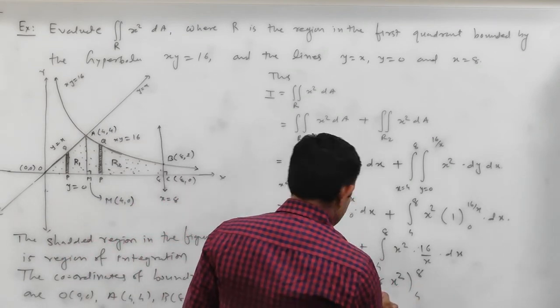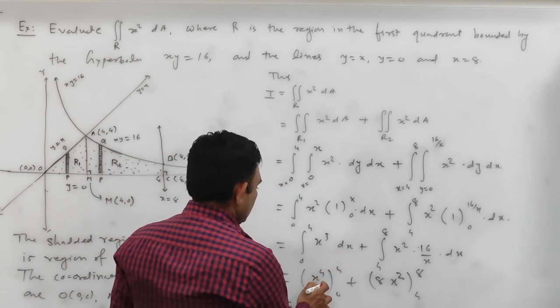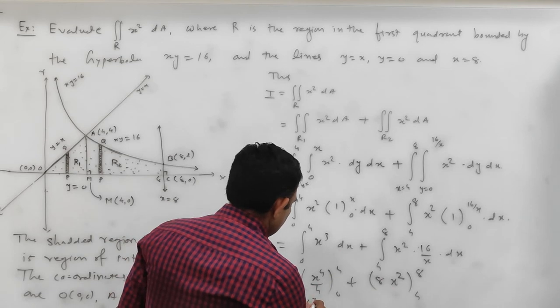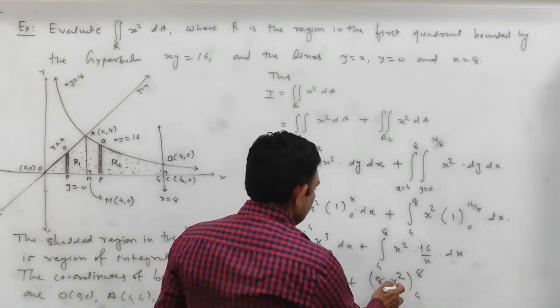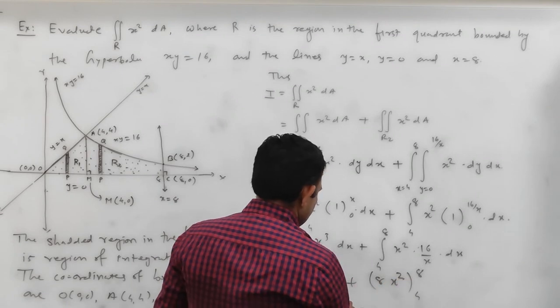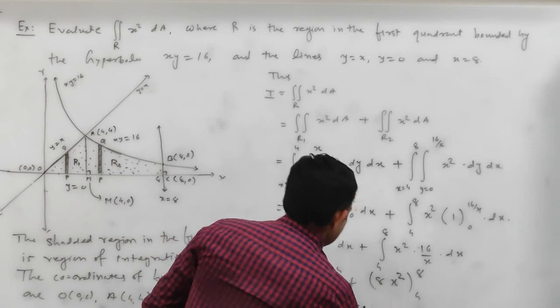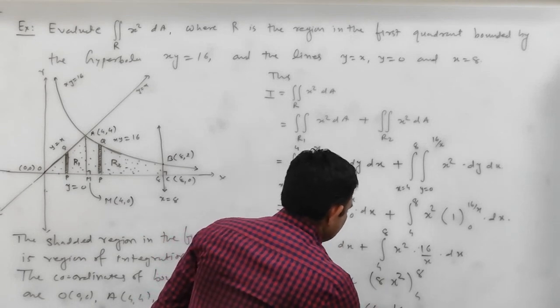So it will be what? You just put 4, so 4 will get cancelled, so it is 4 cube minus 0, it is 0, plus this will be 8 square, so 8 into 64 minus, or you just keep 8 constant, so 64 minus 16.